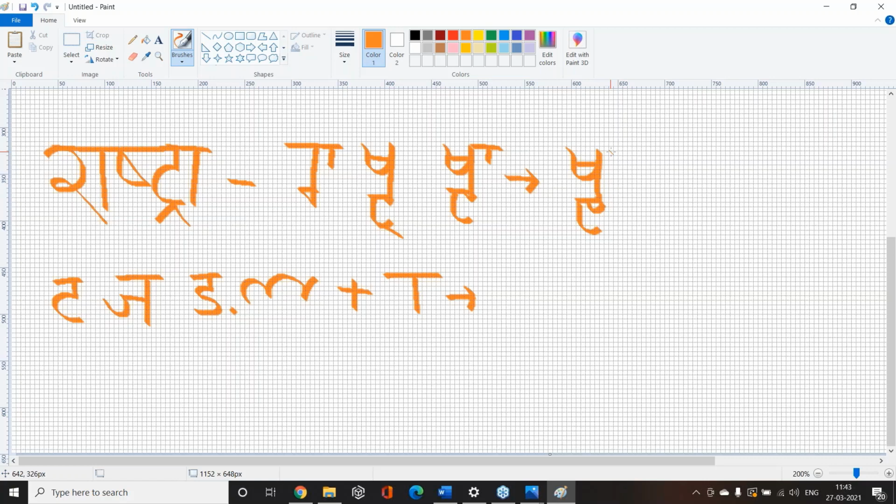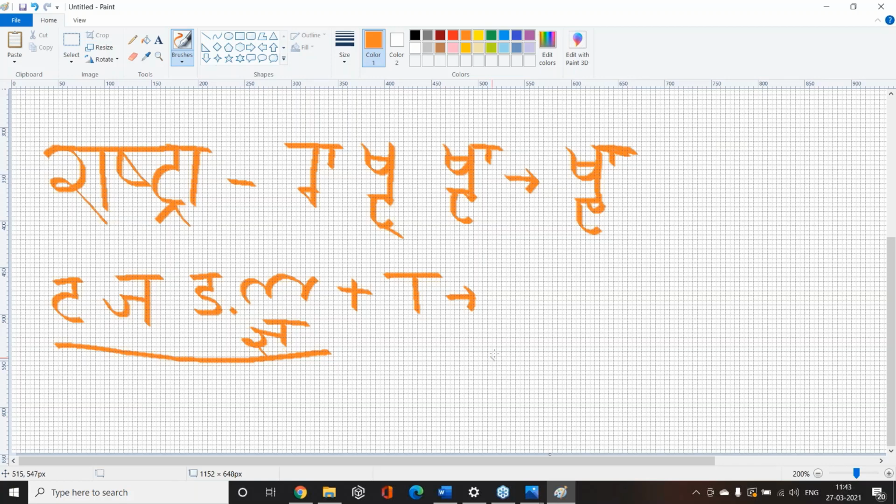This bigger loop represents matra a, and the matra will attach on the shirorekha as well. So in these cases, matras are written with both the letters. So that is only with the case of matra a with these four letters. Ya also is one of the letters.